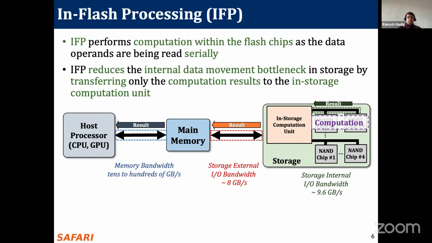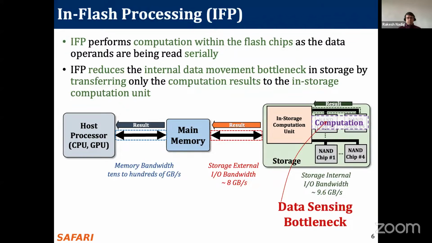So this is a much more improved situation compared to outside storage processing and in-storage processing. But even here, there is a bottleneck, which is the serial data sensing, which means that if we look at prior works, the computation is performed while we serially read the data from each flash page in a block. So this remains a bottleneck.